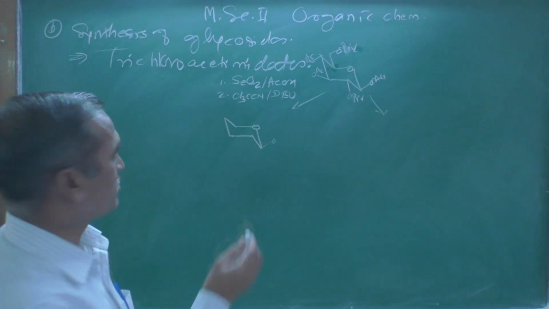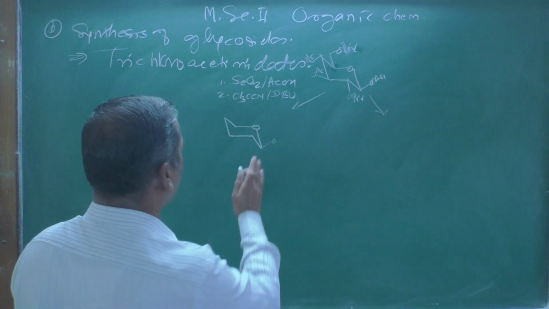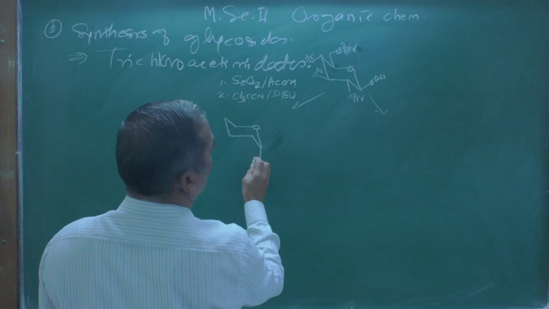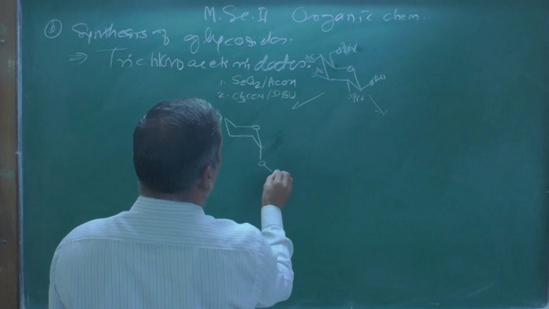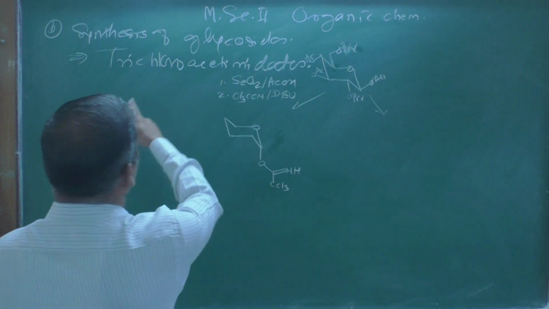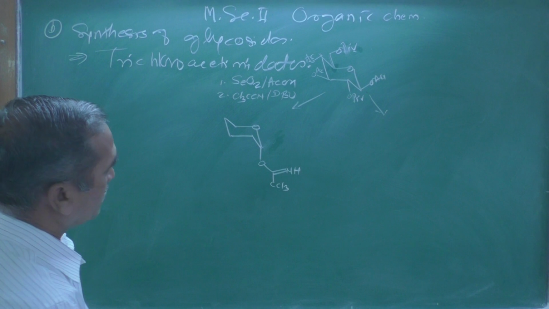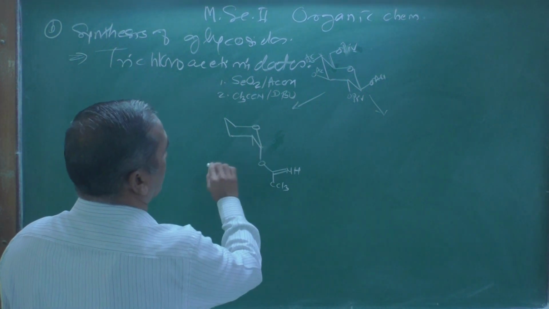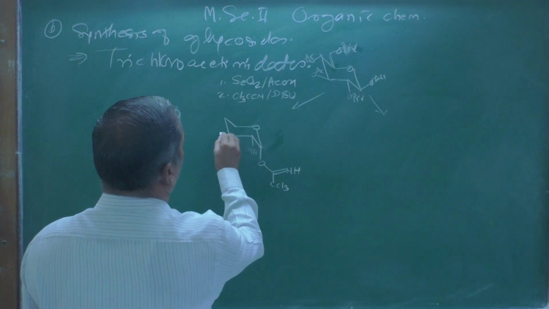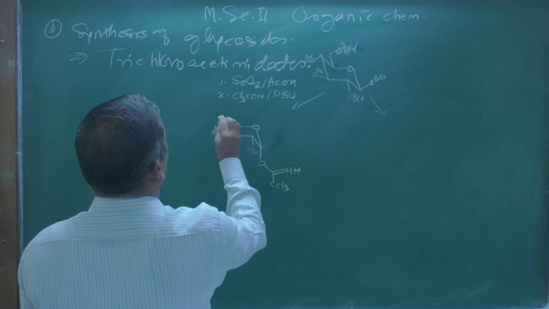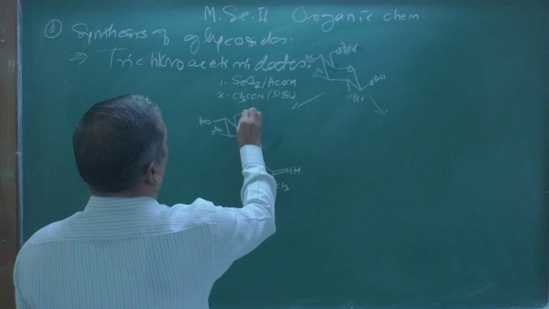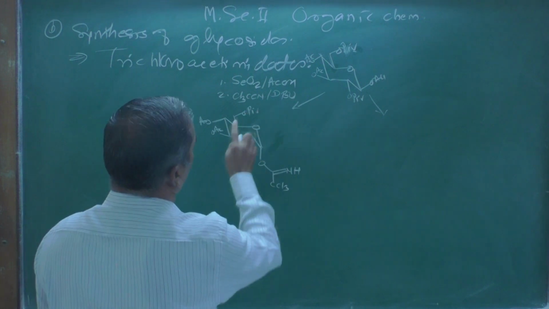This now converts into O, then a double bond, NH, CCl3, that is a trichloroacetamidate type of compound. The other part remains as it is, pivaloyl, then OAc, also at the equatorial position, and here PIV.